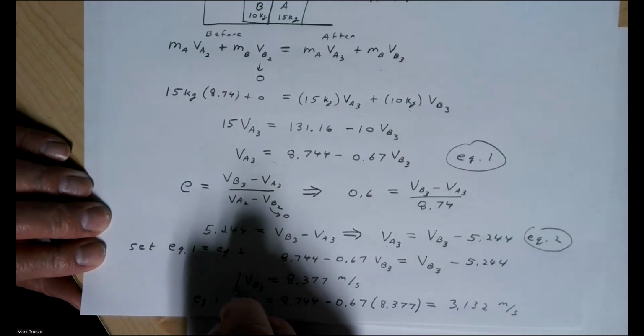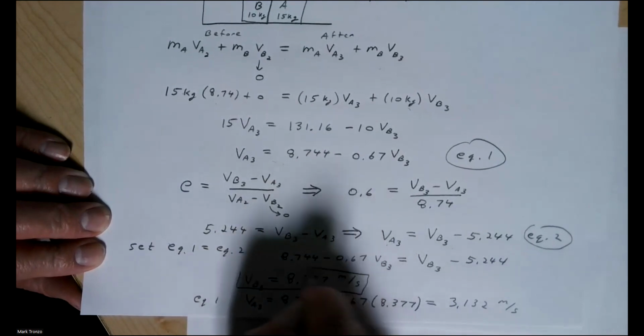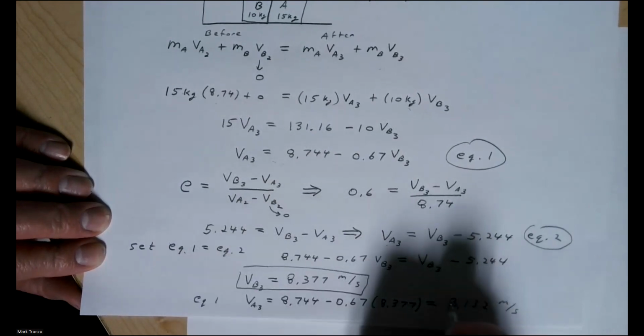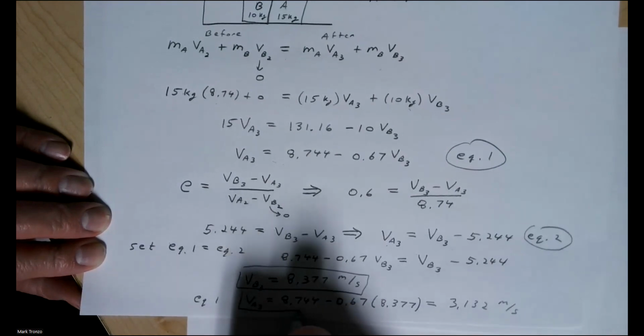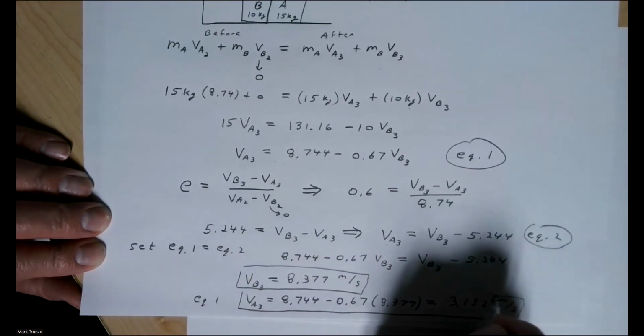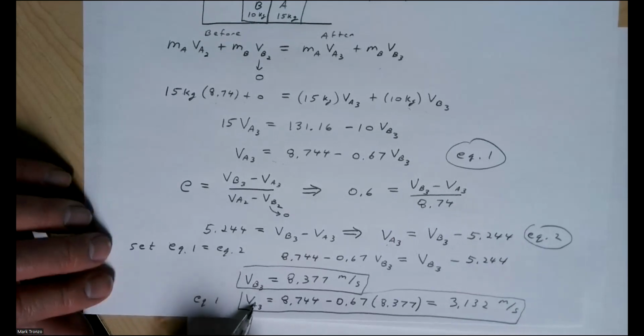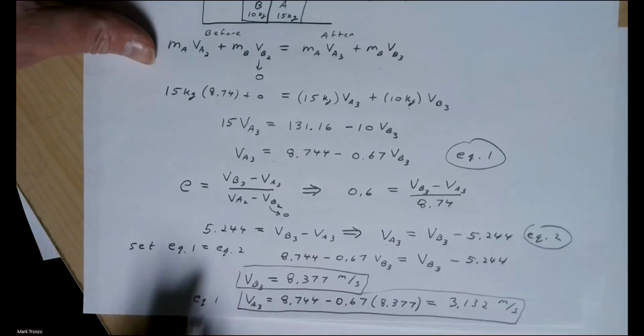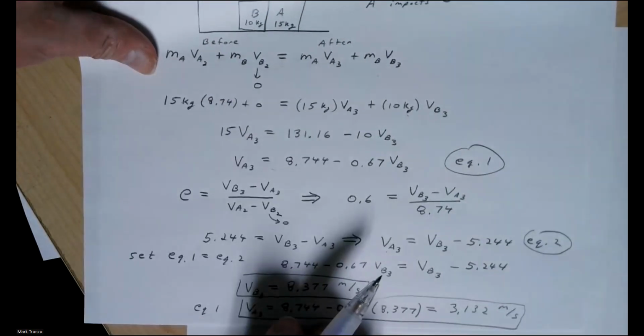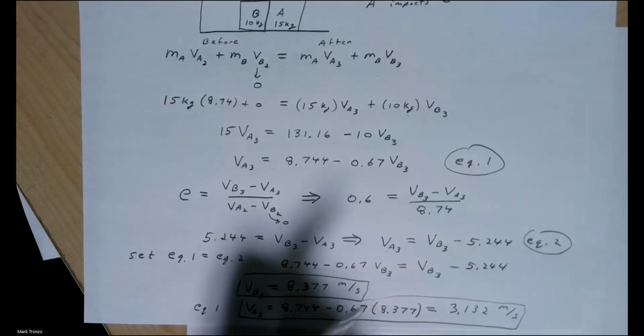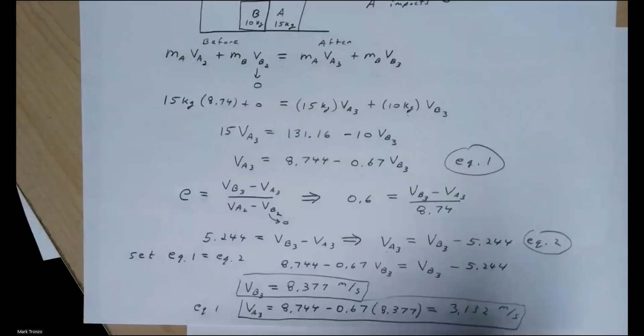So here we have the velocity of B just after impact. And down here's the velocity of A just after impact. Now we're mostly interested in the velocity of B because that's what's going to be going against the spring. So step 3, we're going to have to look at the spring compression.